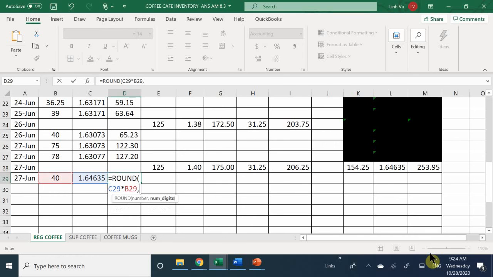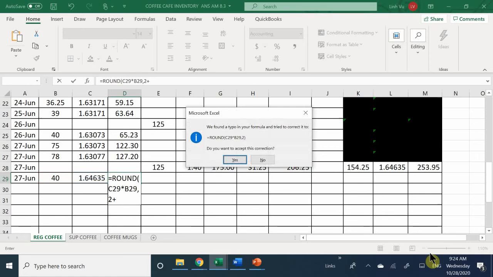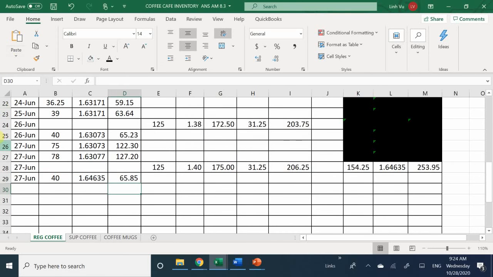And my total cost of goods sold is going to be, hold on, was that right? 65.85.